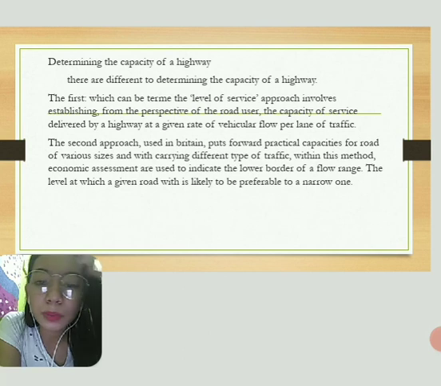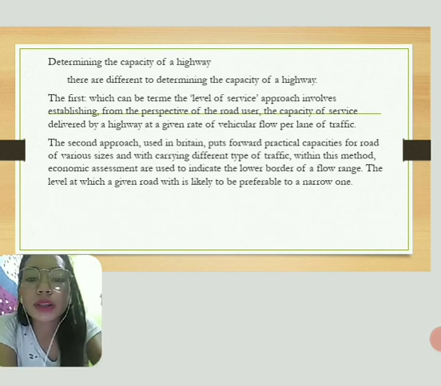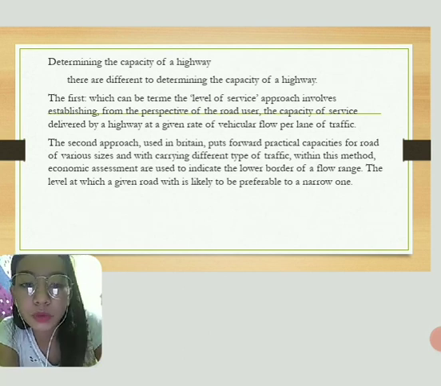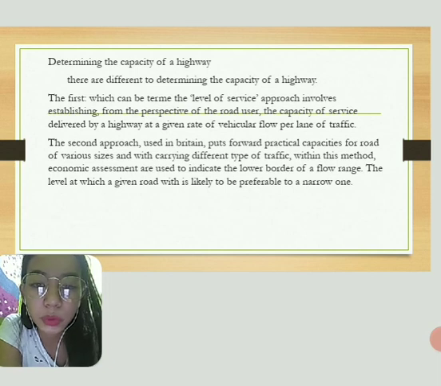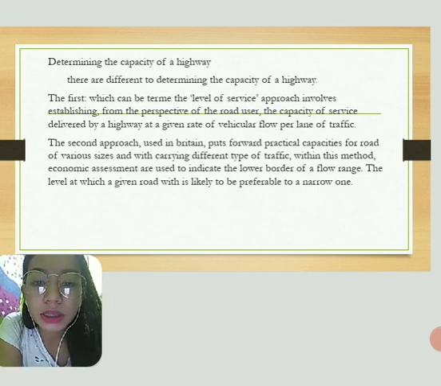The second approach, used in Britain, puts forward practical capacities of roads of various sizes carrying different types of traffic. Within this method, economic assessments are used to indicate the lower border of a flow range, the level at which a given road is likely to be preferred to a narrow one.